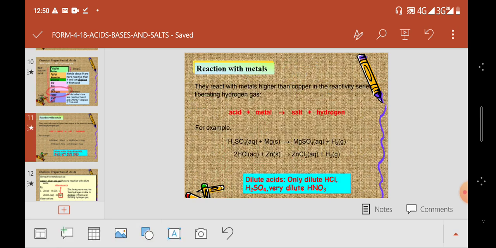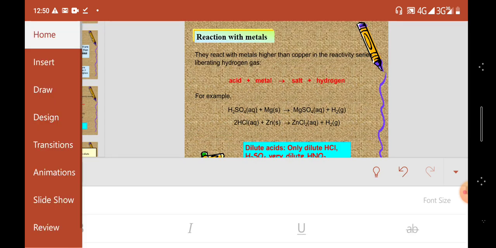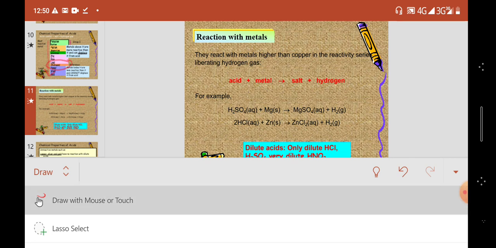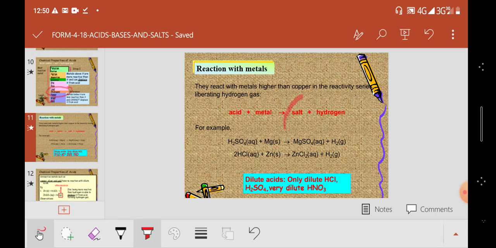Now, in our case study here, the reaction between an acid and a metal produces two products. It produces salt, and it also produces hydrogen gas. And because it is a gas, you are going to observe bubbles, or you can say effervescence.